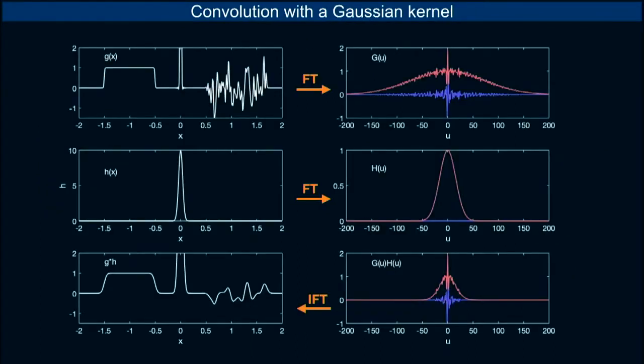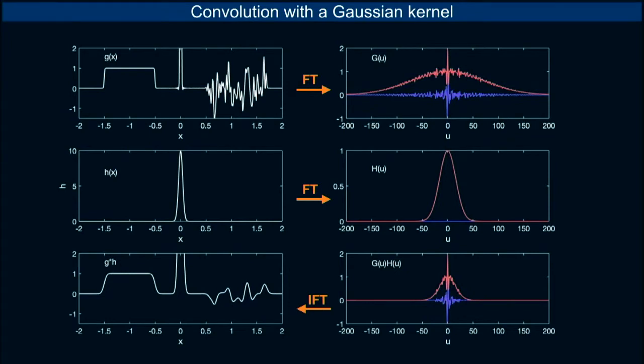So in computing this, here's how I did it using the Fourier transform. I took this signal and operated on it with a Fourier transform in my computer. The red here is the real part and the blue is the imaginary part. And here is the Fourier transform of my Gaussian pulse. It's a real Gaussian.